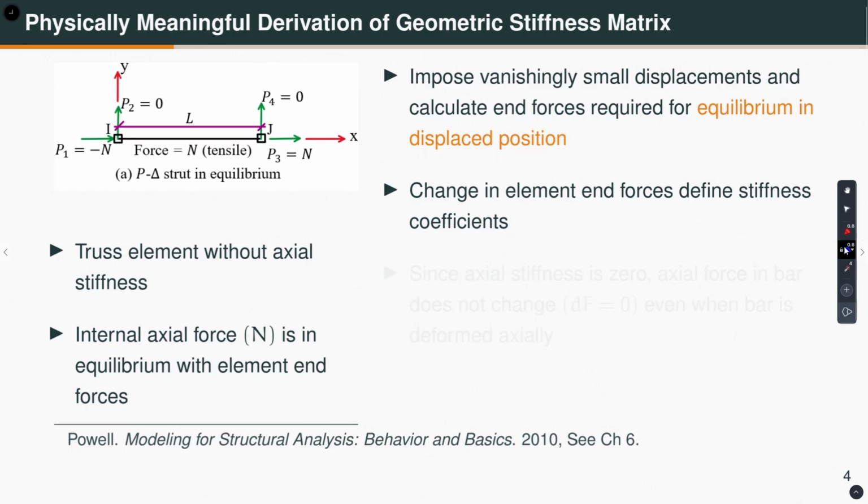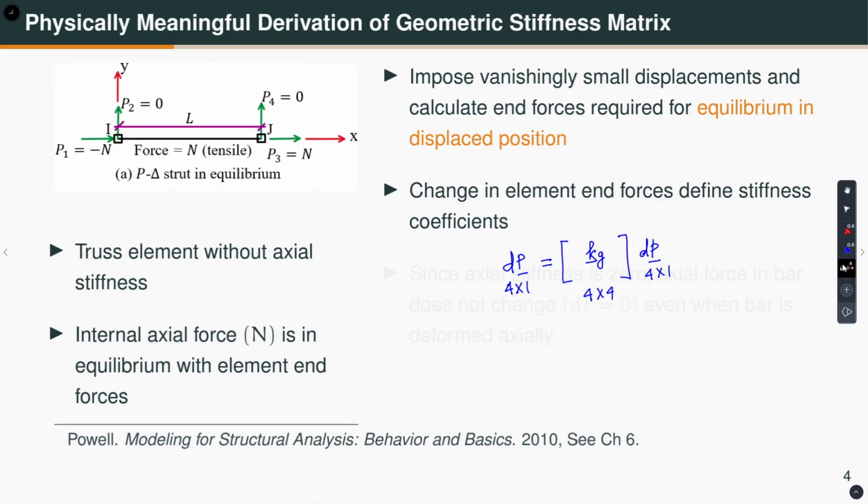So, basically I am trying to develop a relationship like this: dP, the incremental element end force vector, is equal to a matrix multiplied by d little p. Here this is 4 cross 1 and this is also 4 cross 1. So, this matrix must be 4 cross 4, and this is the geometric stiffness matrix of the element in local coordinates, right.